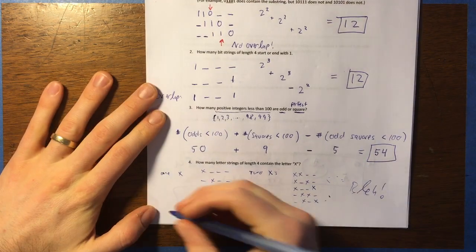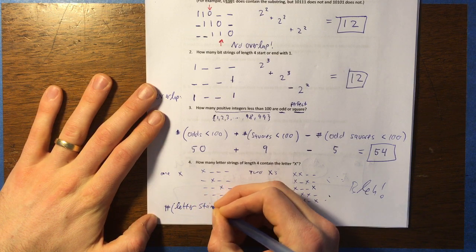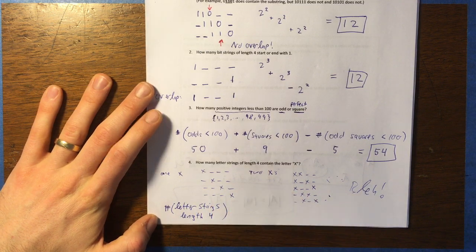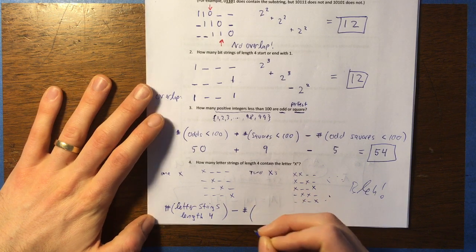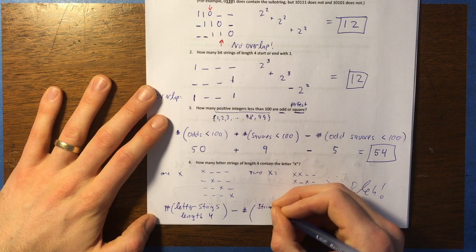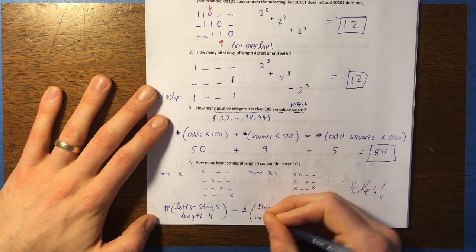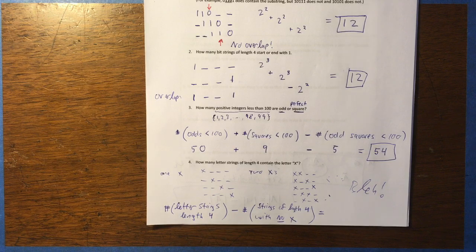So let me go back to the problem. Let's count the number of all letter strings of length 4, minus the number of strings of length 4 with no X. To do that, I have 4 blanks, and each one could have 26 different letters.